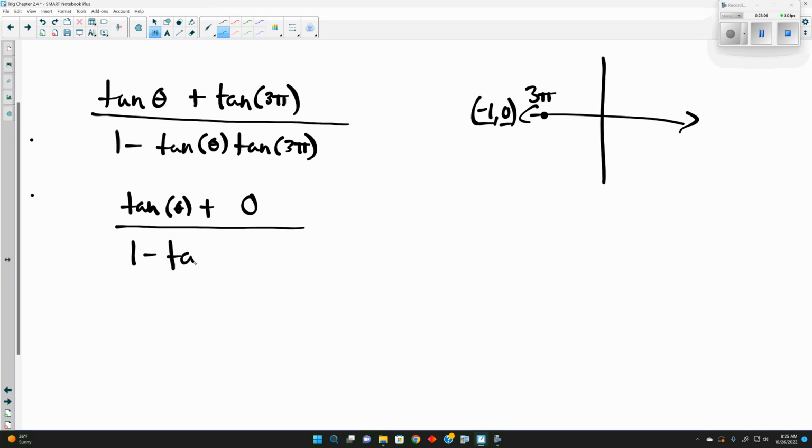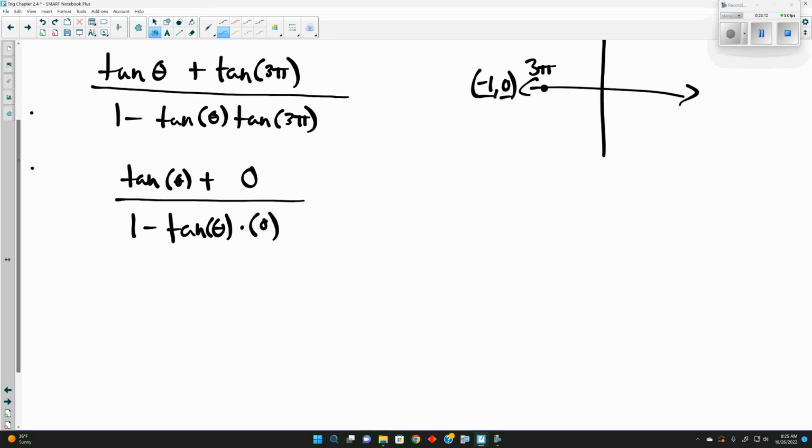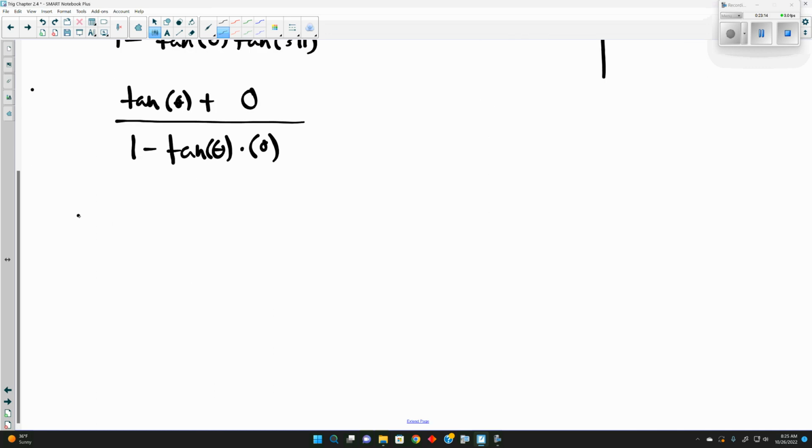On bottom, we have 1 minus tangent of theta times 0. This is not going to be 0, because if we look at the numerator, tangent of theta plus 0 is just tangent of theta, yes?